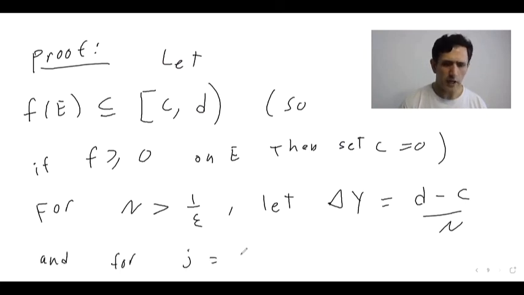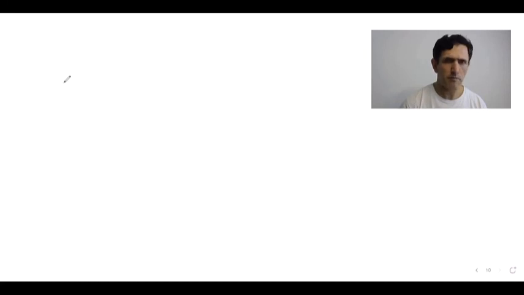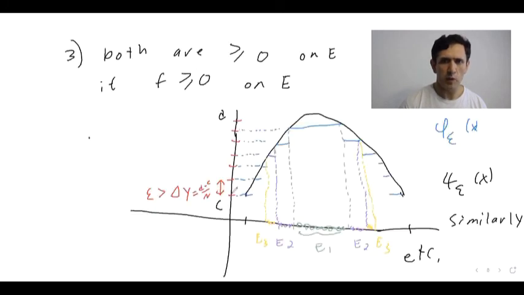So for j equals 0 all the way up to n, just do the same thing as you do for Riemann sums. Yj is c plus j delta y. So this is y0, y1, y2, y3, y4, y5, y6.